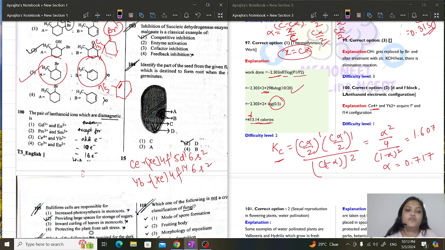Cerium 4 positive would be, all of this removed, meaning 4f0, and ytterbium 2 positive would be 4f14. So both of these have no unpaired electrons, others will have. So cerium and ytterbium, it's option number 3. That is the right answer.